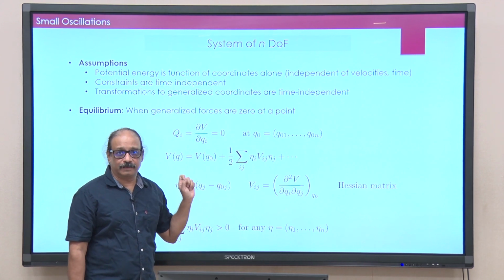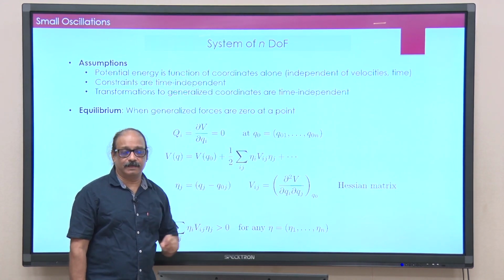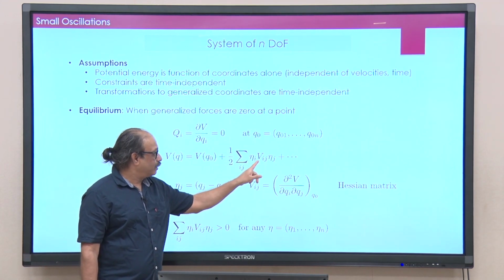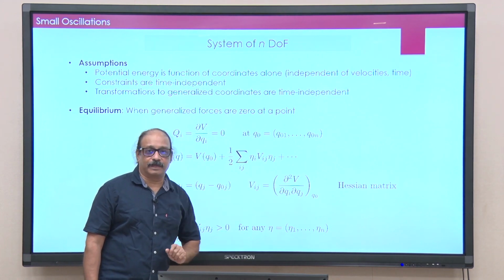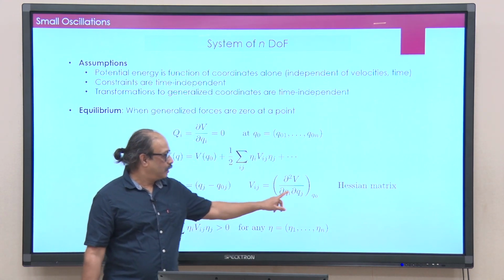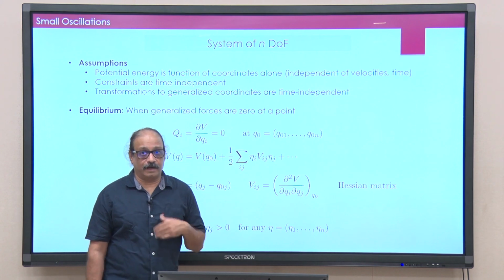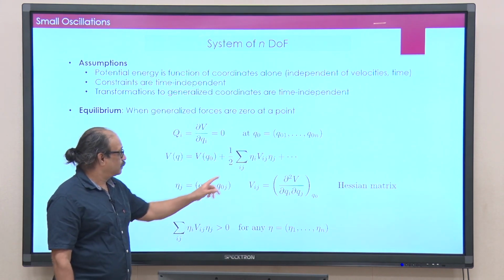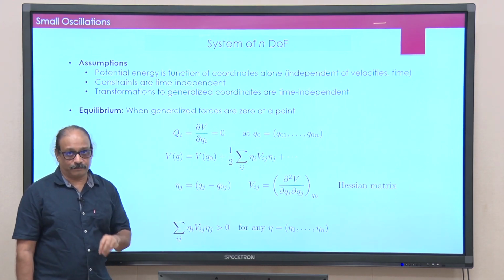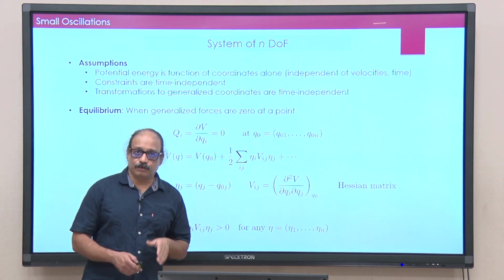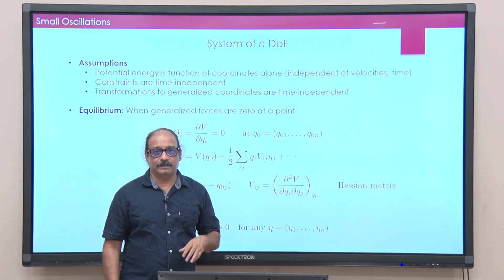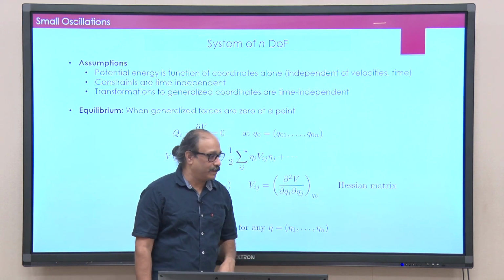So, I will drop that term from here and write the second partial derivative term here, and in this one basically Vij are second derivatives of potential with respect to qi and qj, okay, evaluated at q0. So, basically they evaluate to a number, remember, and this eta which I have written here is basically a deviation from q0. So, eta j is qj minus qj0, and if you look at this one, I can put this Vij in a matrix form, and that matrix is called the Hessian matrix, okay.